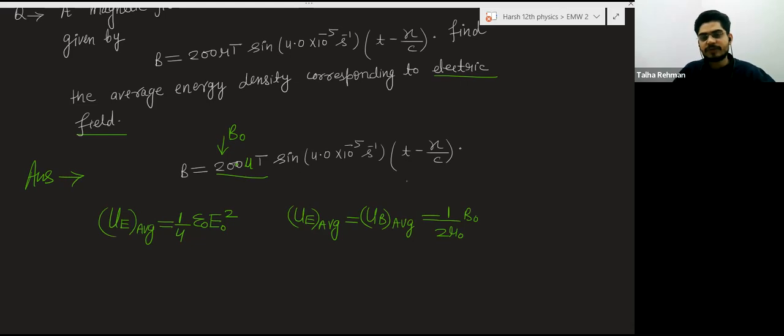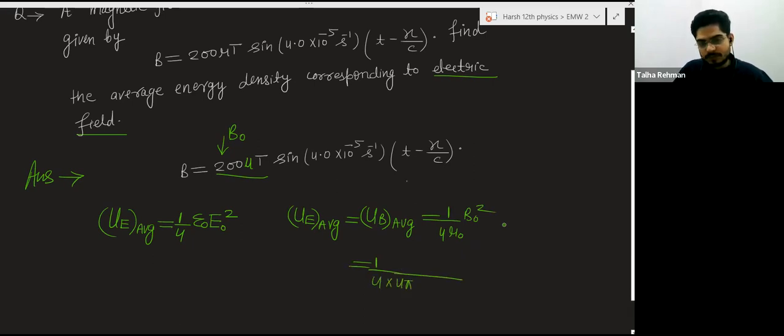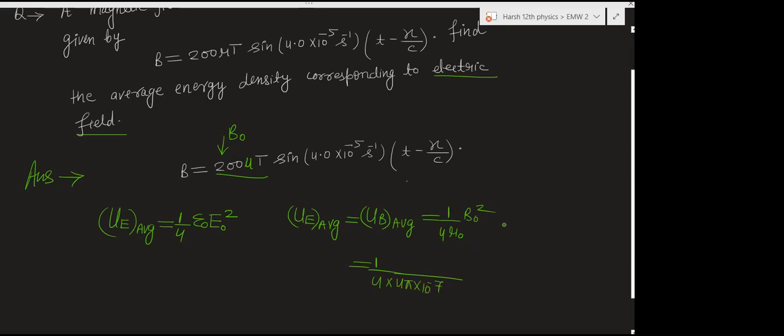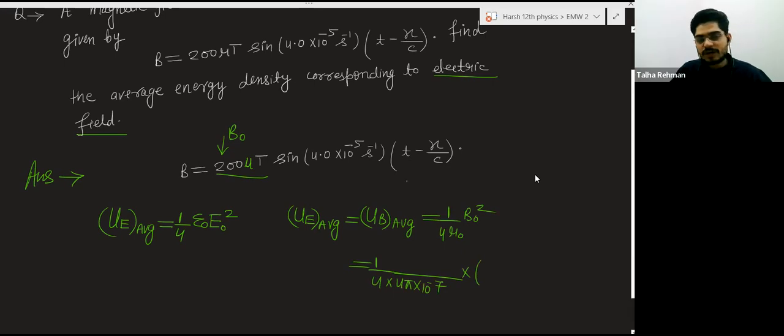This is not half, this is 1 by 4. Again and again I am writing half. So this is 1 by 4 mu naught into B naught square. What is mu naught? 4 pi into 10 to the power minus 7, the permeability of free space, and B naught is 200 micro Tesla, which means 10 to the power minus 6, squared.